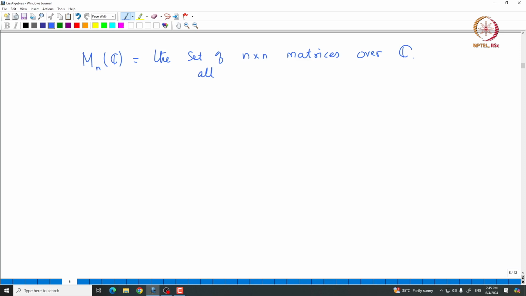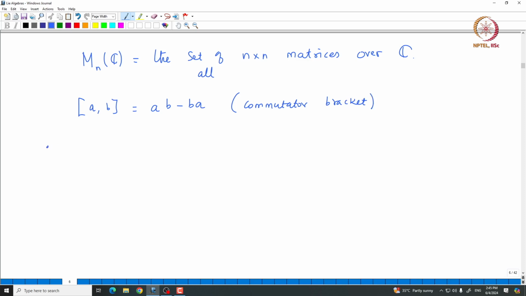We will come to the general definition of associative algebra in a minute. But before that, we can see that the following Lie bracket, the bracket A comma B, which is given by AB minus BA, which is called the commutator bracket, makes this Mn of C a Lie algebra.